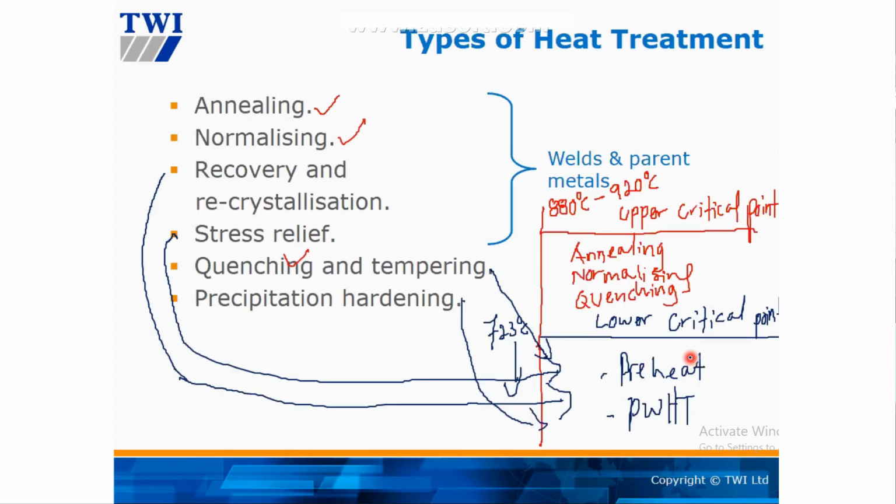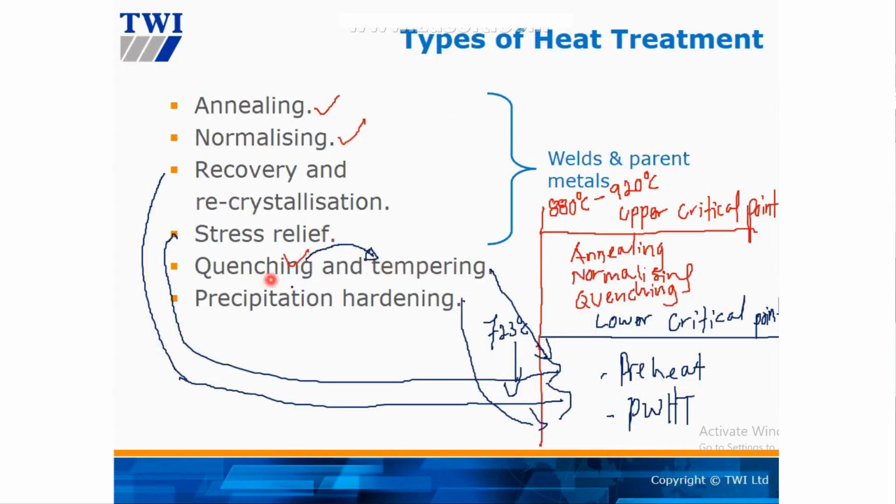Please memorize all this with the temperature. Okay, memorize. When it comes to upper critical, 3 processes: annealing, normalizing, quenching, that's it. Other processes, lower critical temperature. Yeah? And another thing to remember is when it comes to quenching, quenching must be followed by tempering.